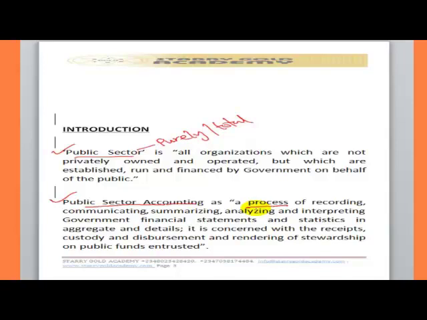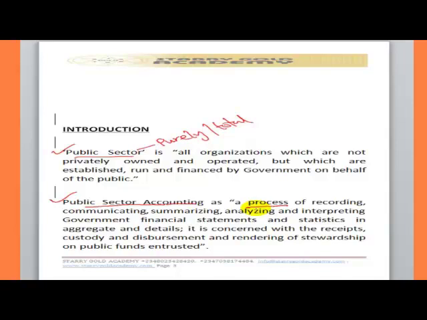to the public: the stewardship of the public fund entrusted in the hand of the government, to the members of the public, or to the citizens of the country. So this concerns the receipt, the custody, and disposal.